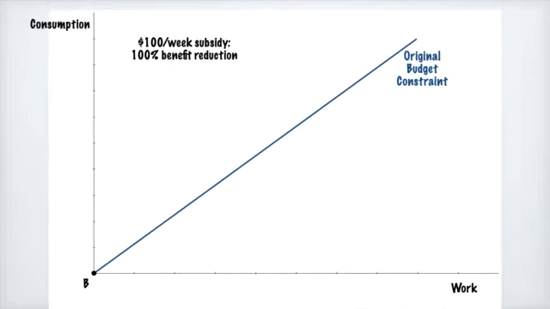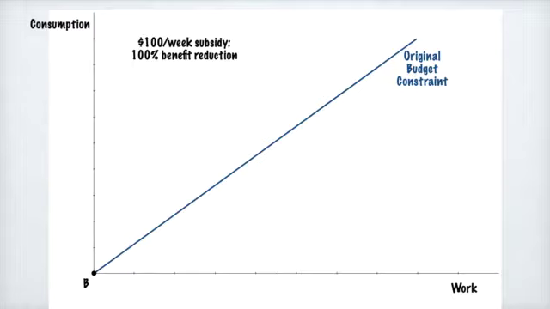How is this going to look if we have a $100 per week subsidy and there's a 100% benefit reduction? That is, for every dollar I earn from working, I lose $1 in benefits. So let's say the hourly rate is $10 per hour, and I work an hour, I'm going to earn an extra $10, but my benefit's going to be cut by $10.